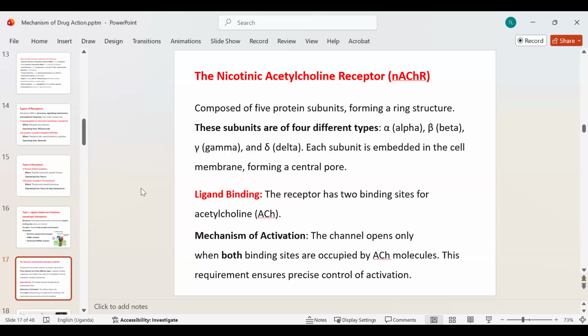That is basically what happens during distribution in pharmacokinetics. It just holds it.